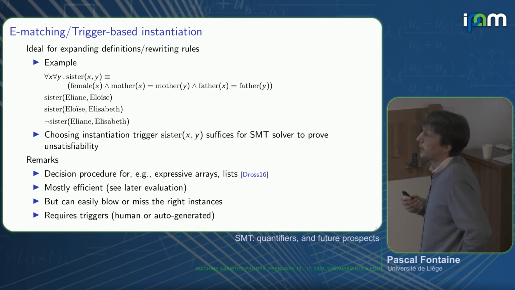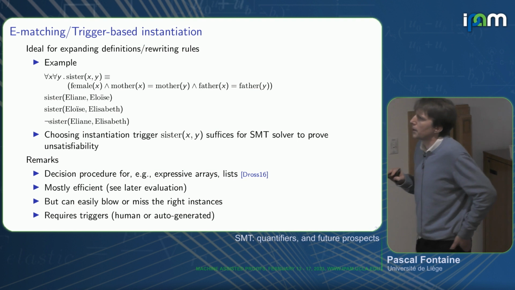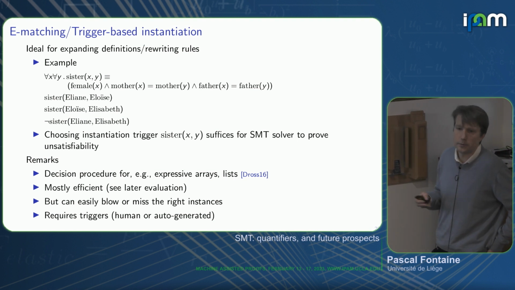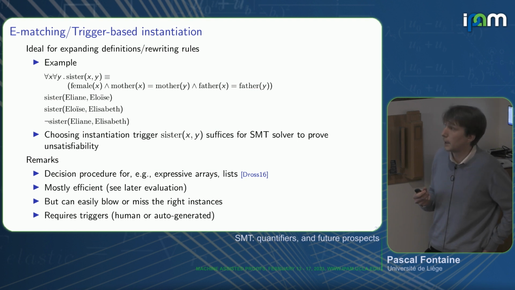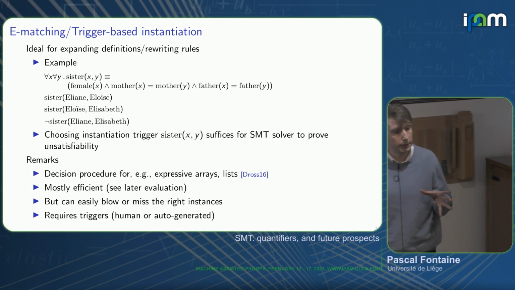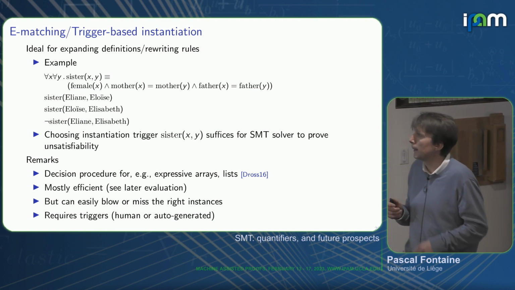So it's an ideal instantiation technique for expanding definitions and having rewriting rules and stuff like that, because it concentrates on the things that you have available in your ground part of the formula.